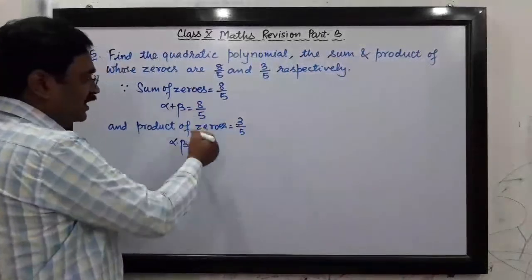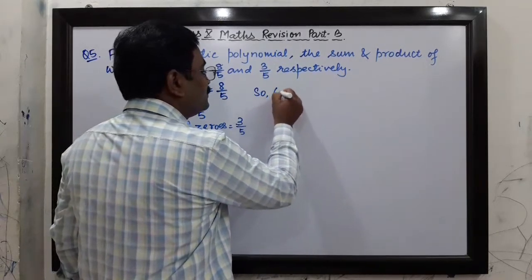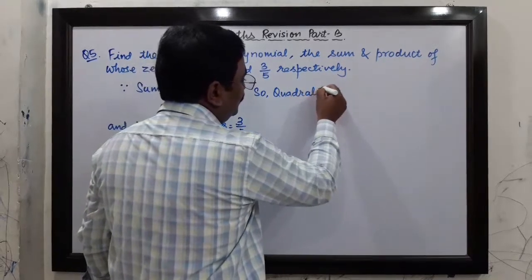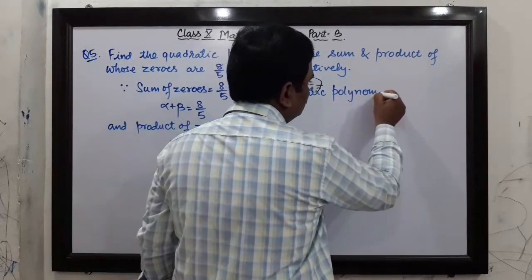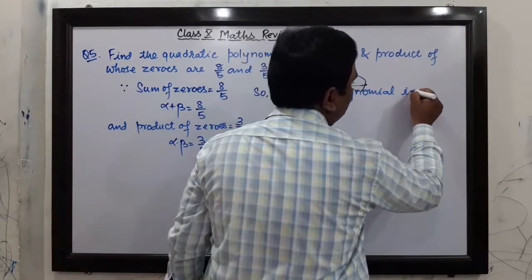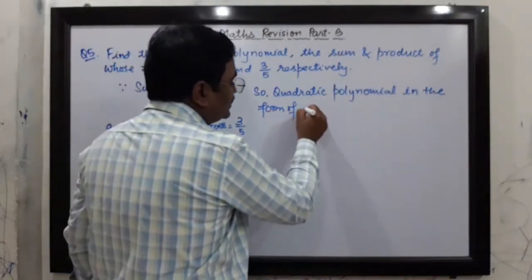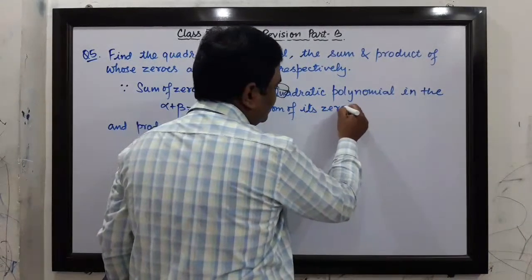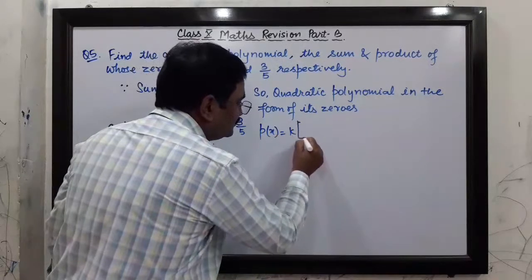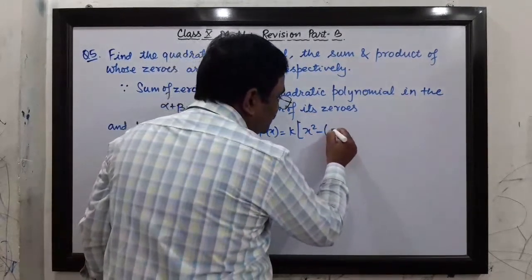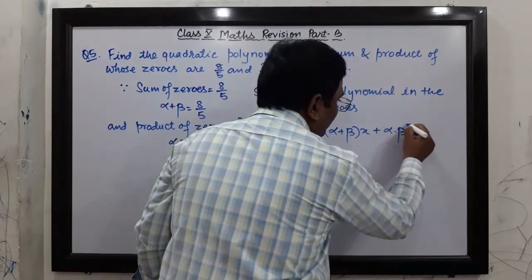In the form of sum and product of zeros, our quadratic polynomial in the form of its zeros is p of x equals k into x square minus sum of zeros, means alpha plus beta, into x plus product of zeros, means alpha into beta.